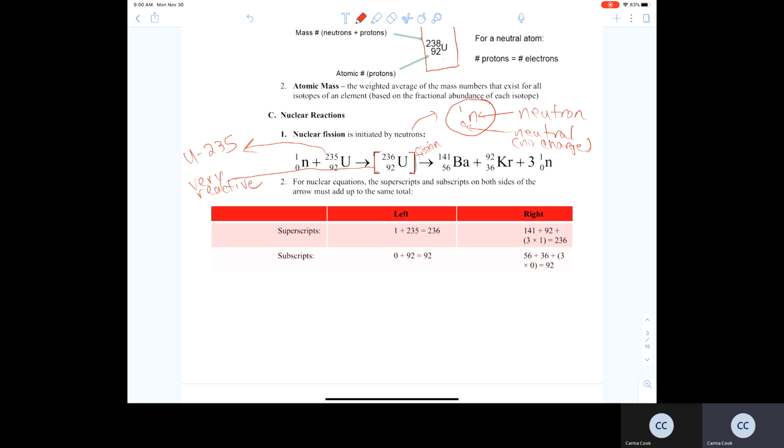So the fission or the splitting of uranium-236, it splits into barium-141, krypton-92, and then the other product is 3 neutrons.